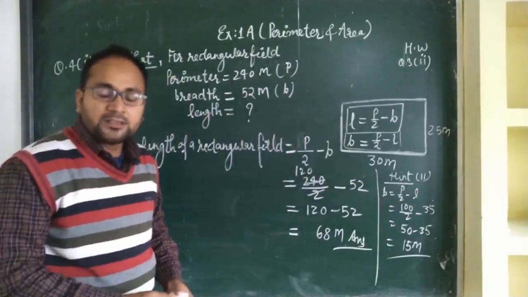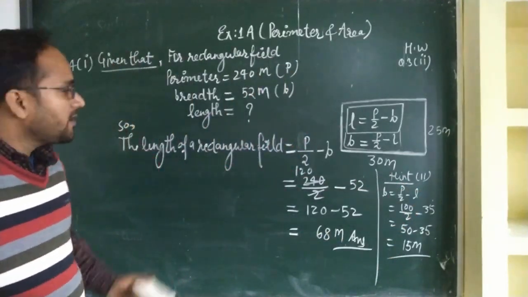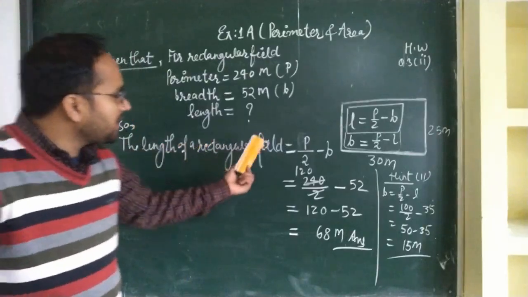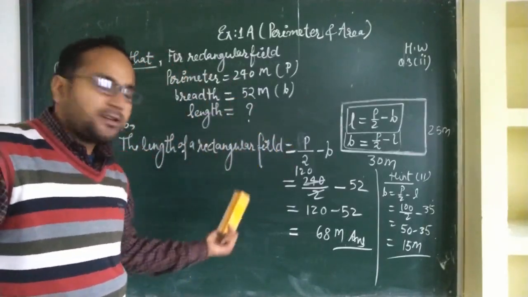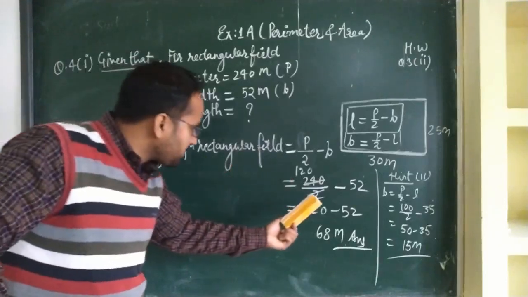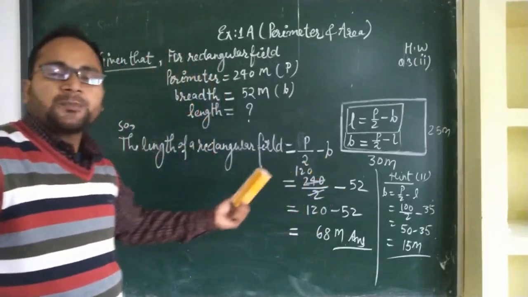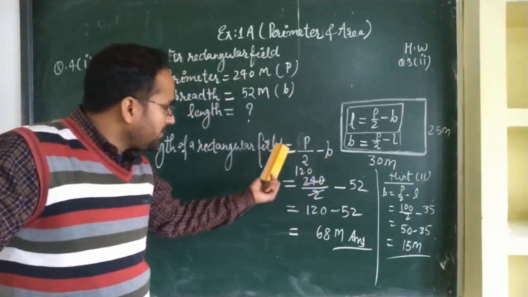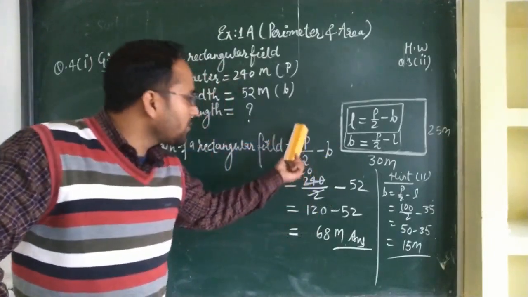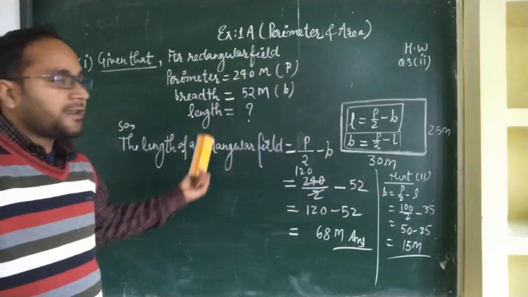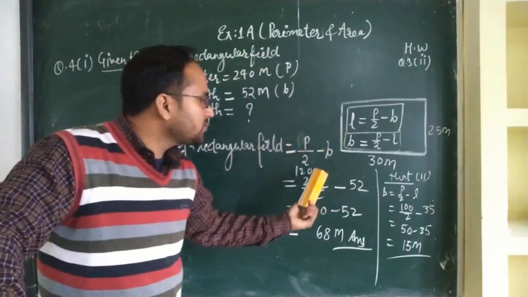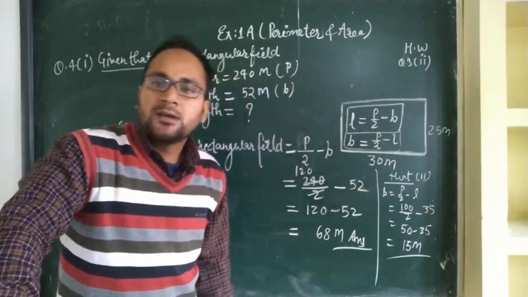Now see this third one, and the third one is very important, students, and you should always remember the formula. You can use the basic formula also to find it, but in that there is a lot of exchange of terms from left to right. So you can use the direct formula, perimeter by 2 minus breadth, if you are going to find the length, and if you are going to find the breadth, you can use the formula perimeter by 2 minus length, students.